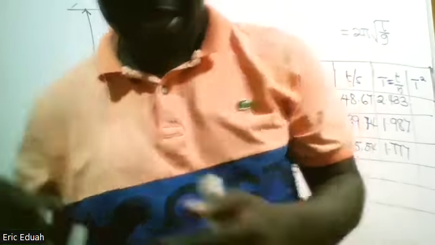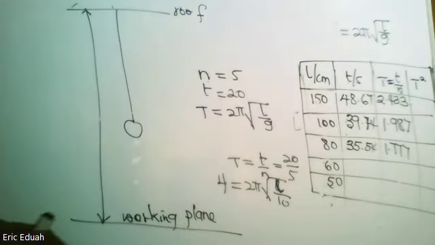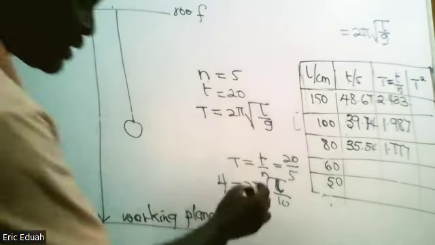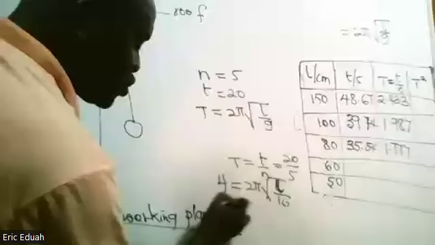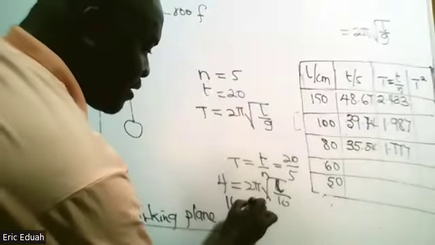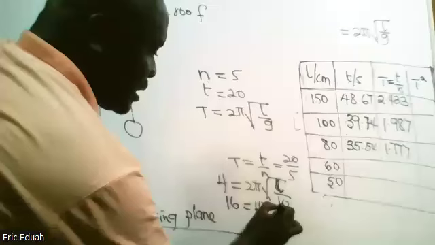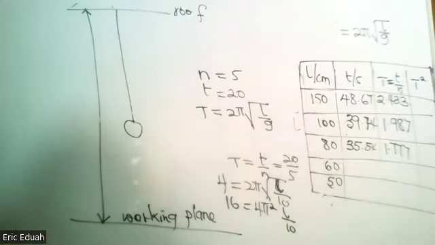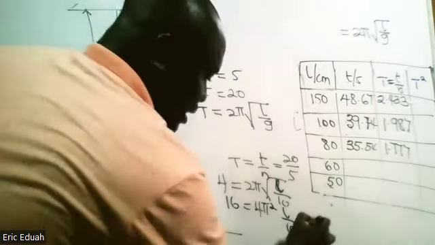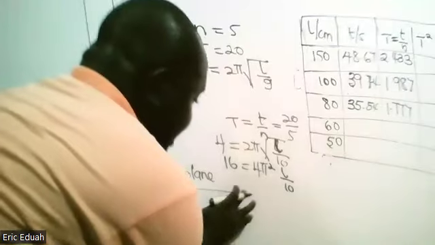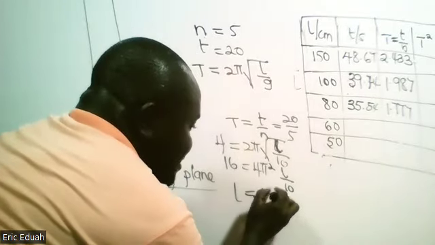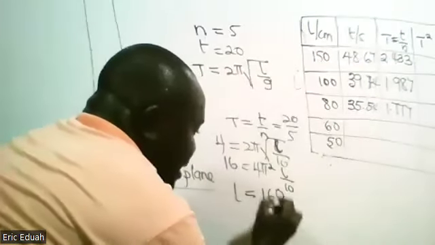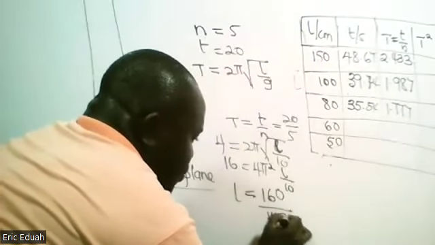Okay, so let's wrap up. The moment you square this equation, you have 16 equals 4 pi squared L over 10. So L will be equal to 160 divided by 4 pi squared.